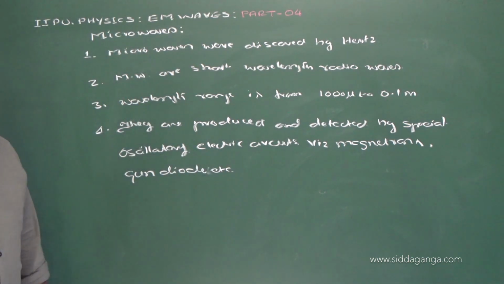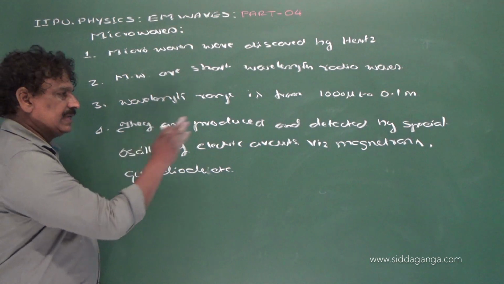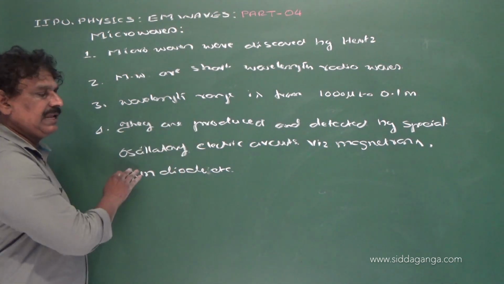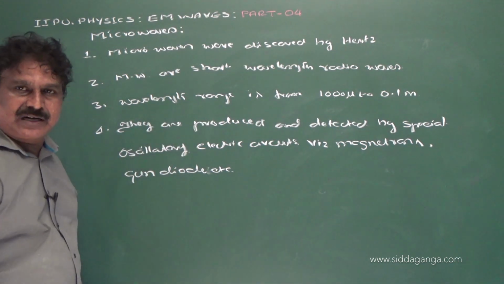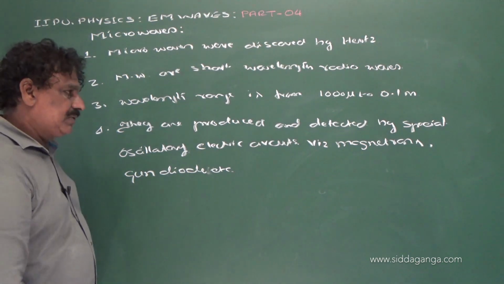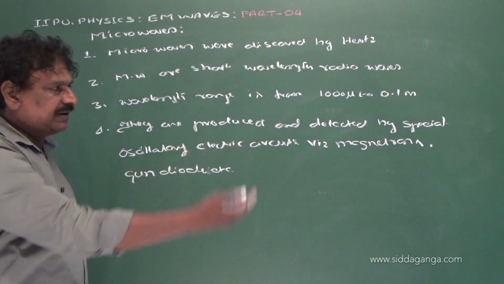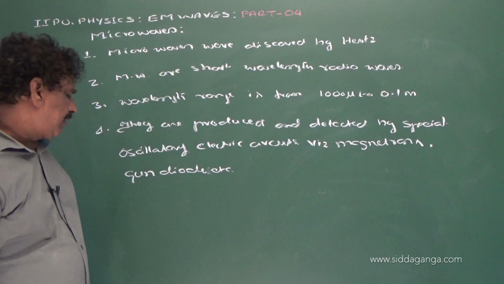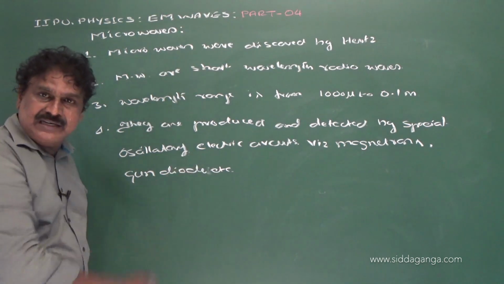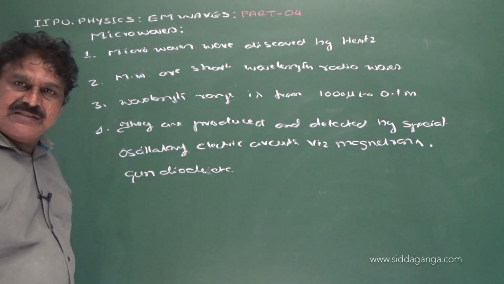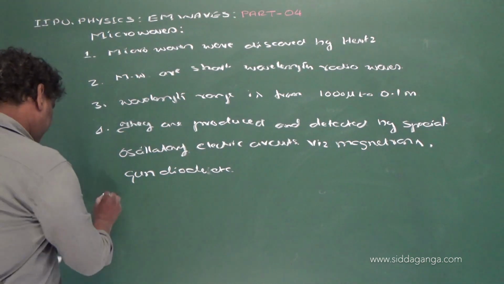Now they can be produced and detected by oscillatory electric circuits. Oscillatory electric circuit means again LC circuits. Now there are different devices called magnetrons, gun diode, etc. They act as source as well as detectors.